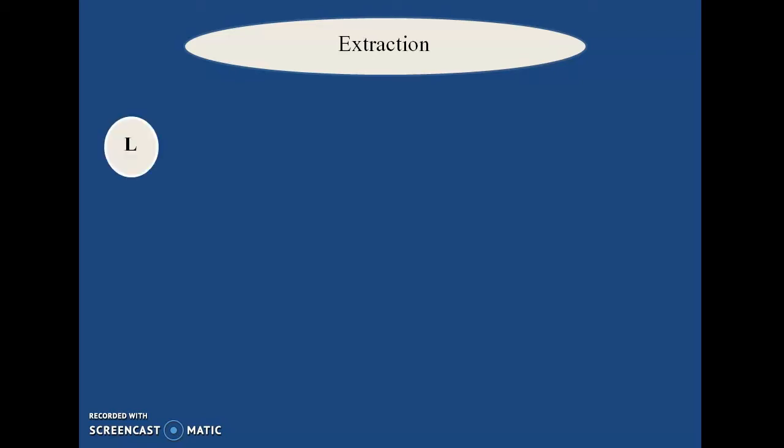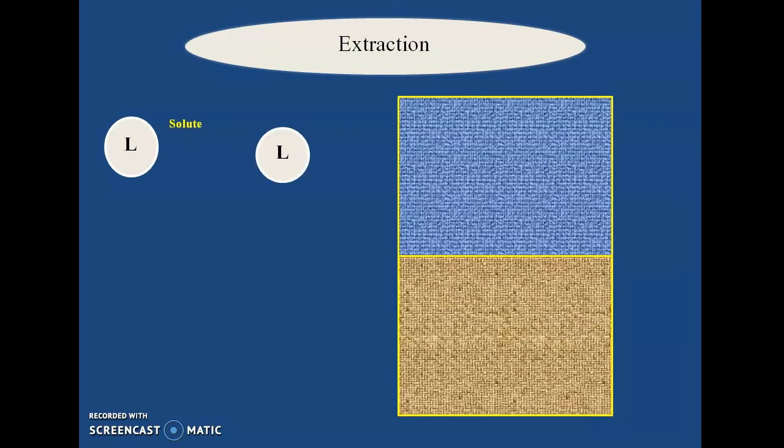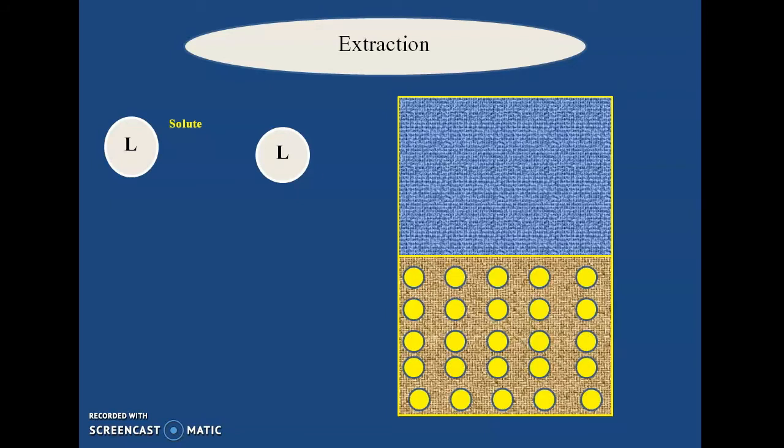How does it happen? You have one liquid containing a solute which is to be separated, and you have to select another solvent or liquid to extract the component from the liquid mixture. Suppose these yellow color particles are the particles to be separated from the solution.